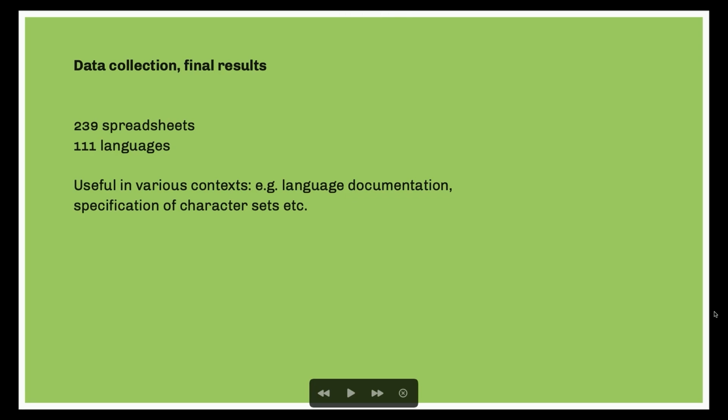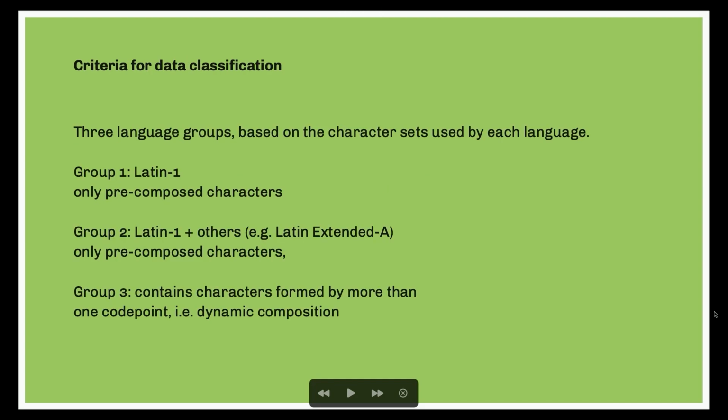So I ended up with this huge amount of data that is very useful not only for typeface design and keyboard development, but also for language documentation.